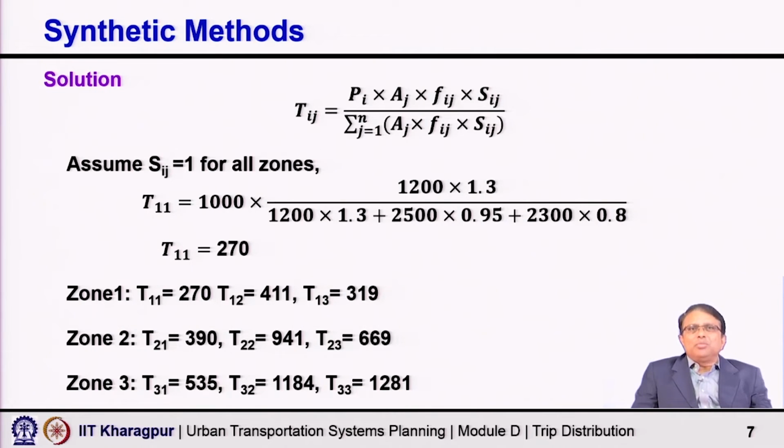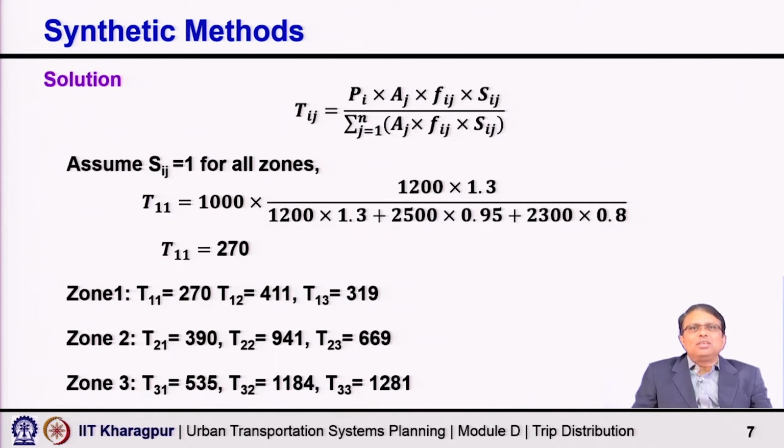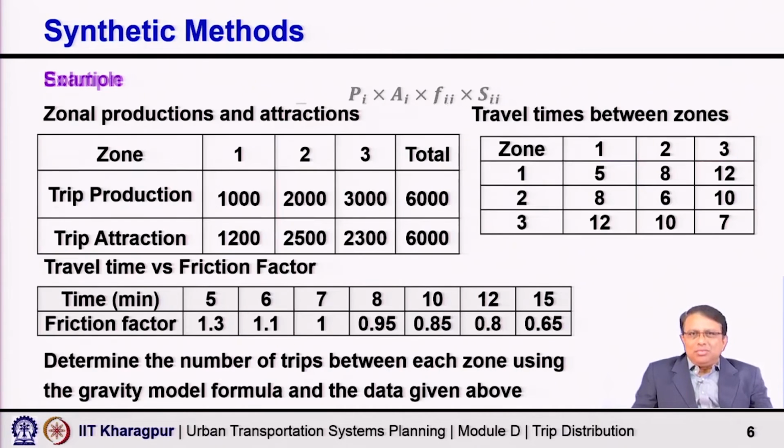So, 1000 multiplied by Aj. What is Aj in this case? A1, because we are calculating for the cell T11, attraction of zone 1, 1200, into F11. What is the value of F11? Look at the previous slide: 11 means travel time is 5.